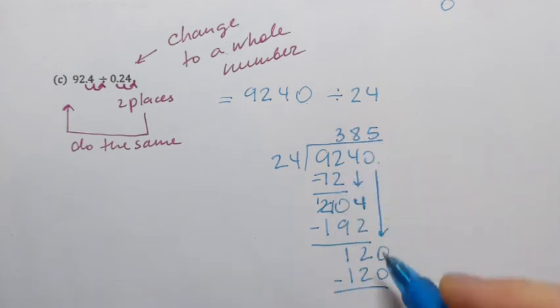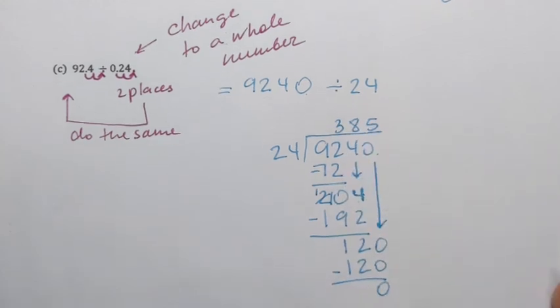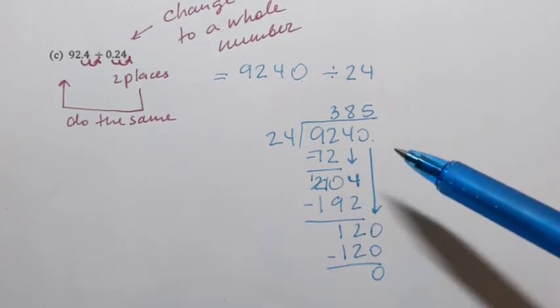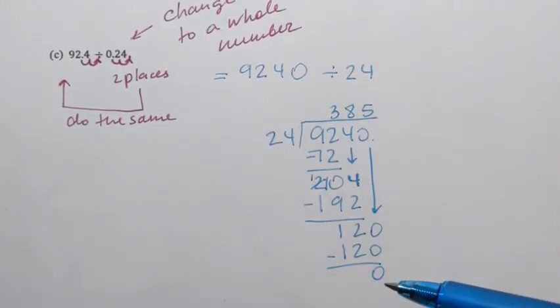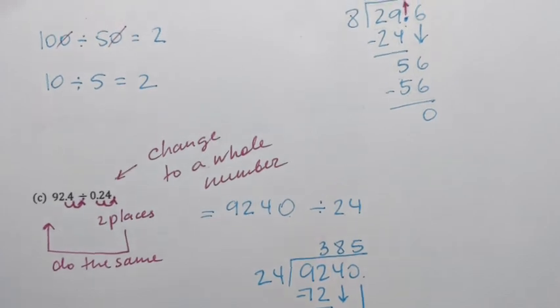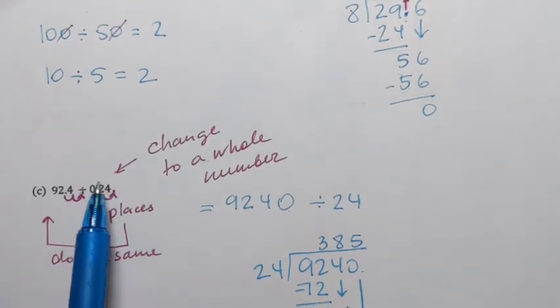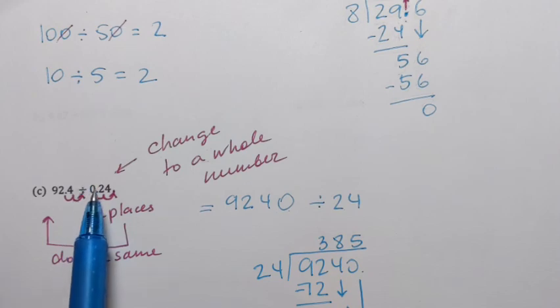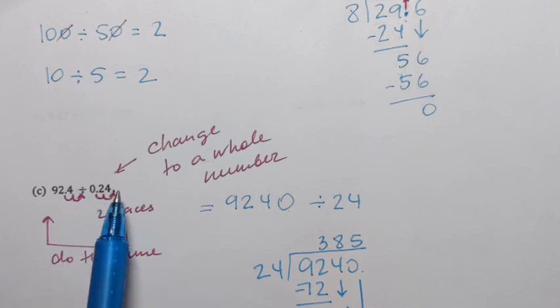Now I did that process of the long division a little bit faster, just because we're already familiar with how to carry out the steps. But the main two things that we wanted to learn from this video is that to divide two decimals using the long division method, the second number has to be a whole number. So if it's not, you have to change it to a whole number by moving the decimal point.